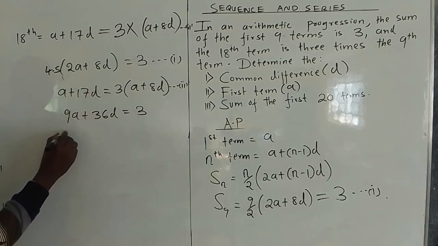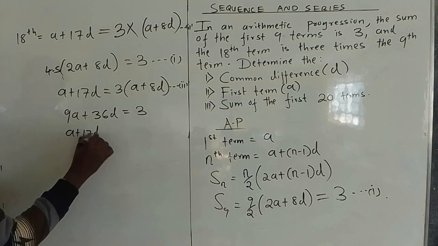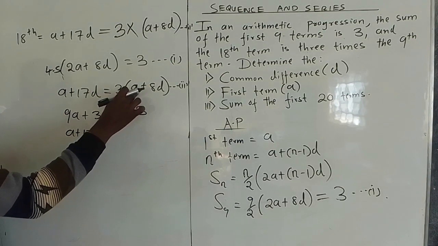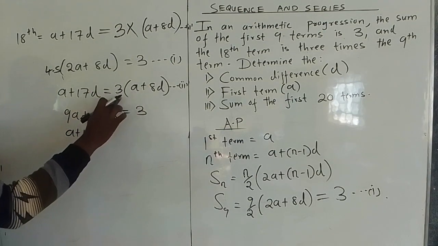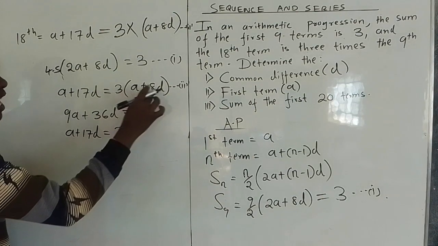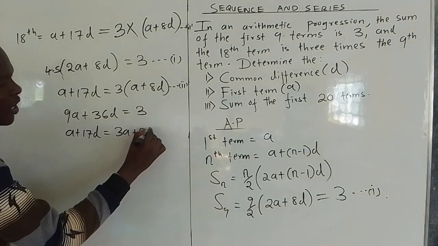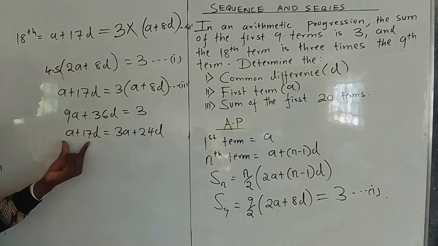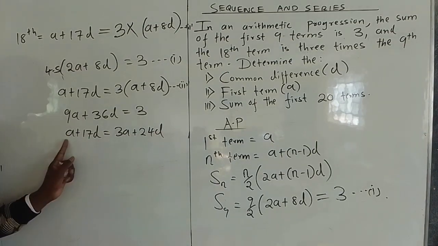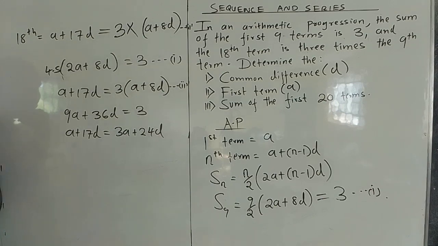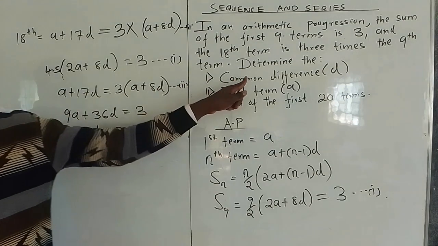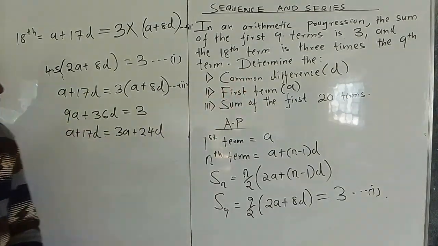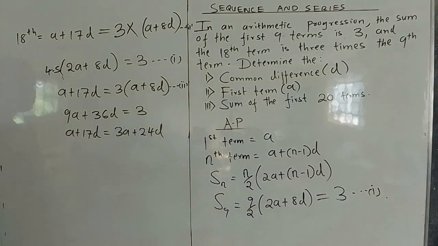Then in the second equation, what do you have? a plus 17d is equal to 3 times a. You are opening the brackets, isn't it? 3a. Then 3 times 8d is 24d. So you can now simplify this. You take a to the other side, you bring d this side, whichever. Because we want to get the common difference first, meaning we are eliminating a, isn't it?